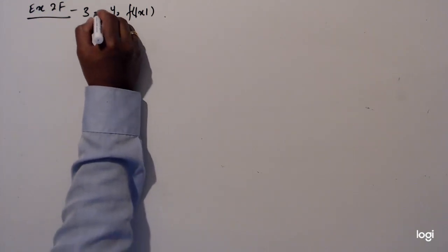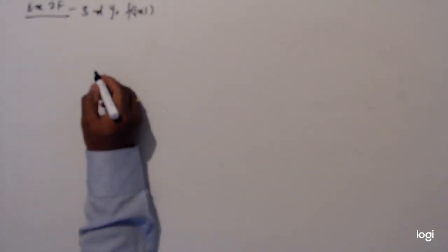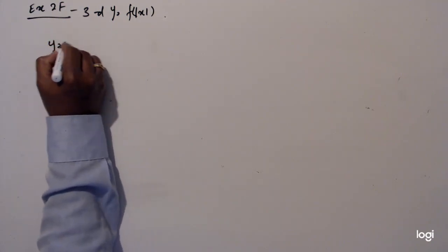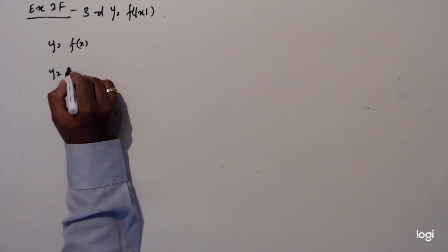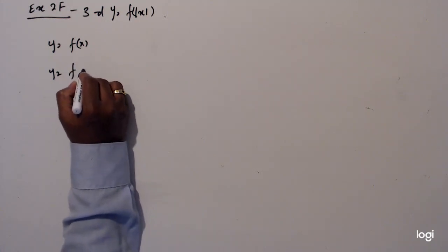Part D, y equal f mod x. So y equal f(x), then y equal f mod x.